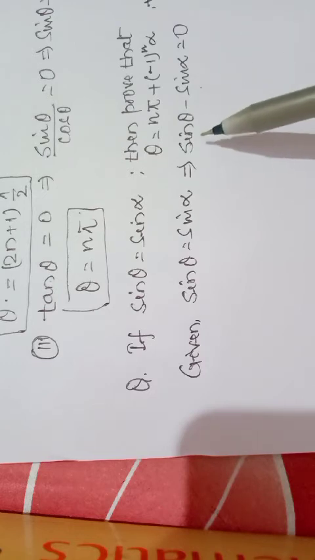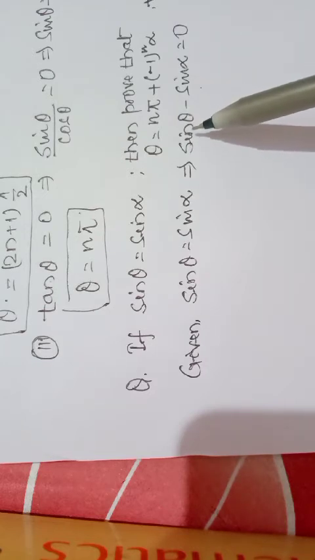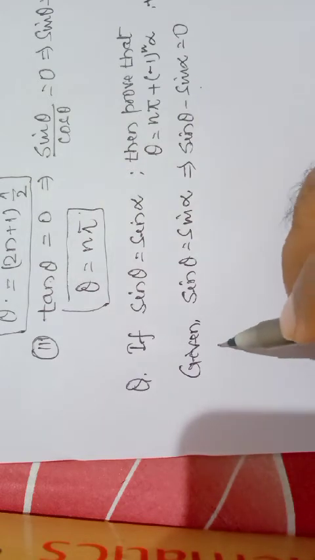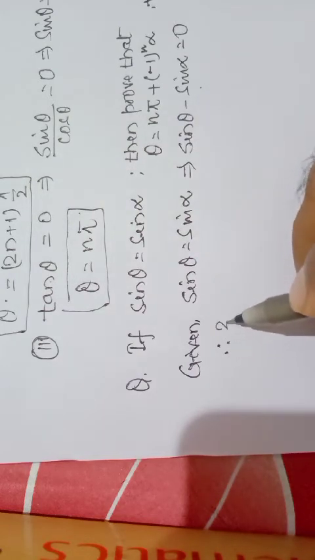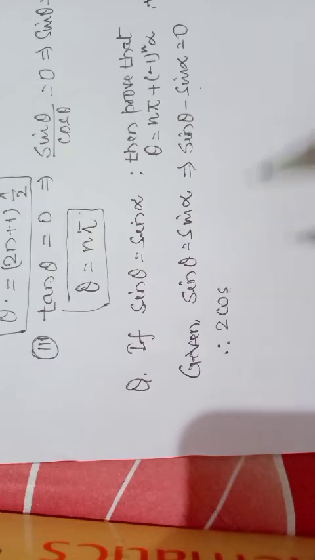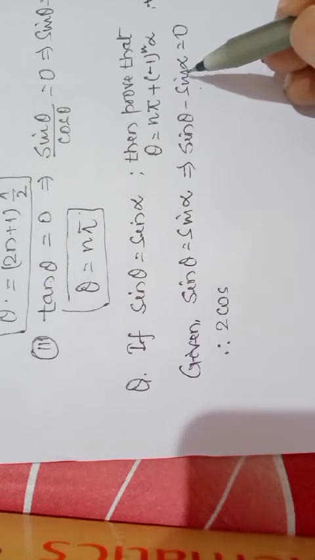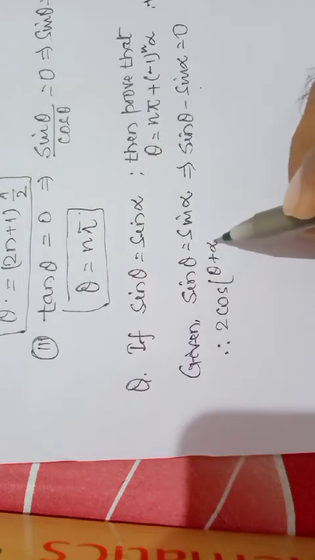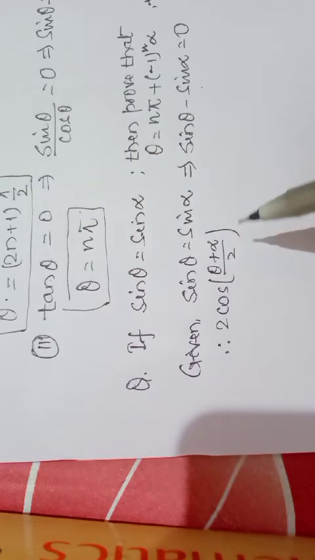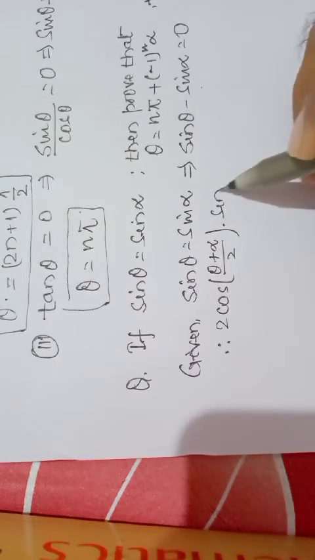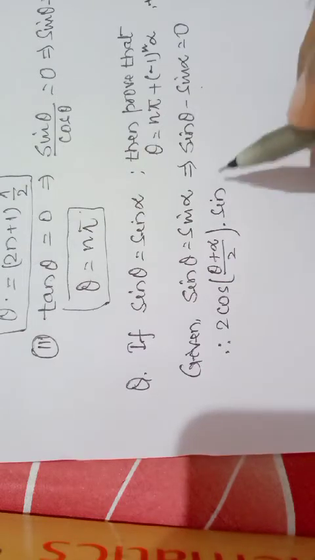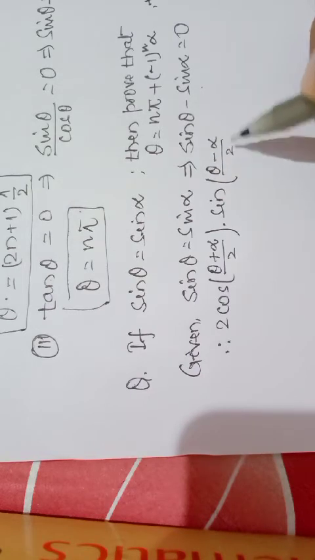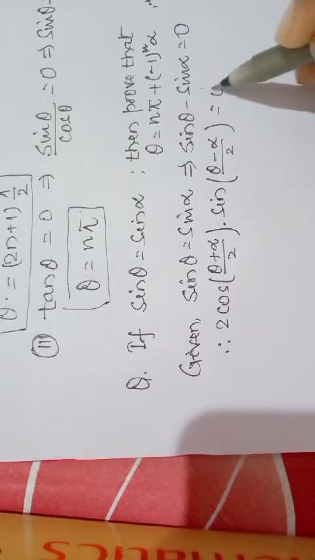Now apply the formula for sine C minus sine D, which is 2 cos of (C plus D) by 2, meaning (theta plus alpha) by 2, into sine of (C minus D) by 2, meaning (theta minus alpha) by 2, which is 0.